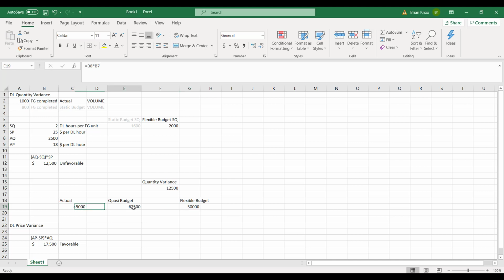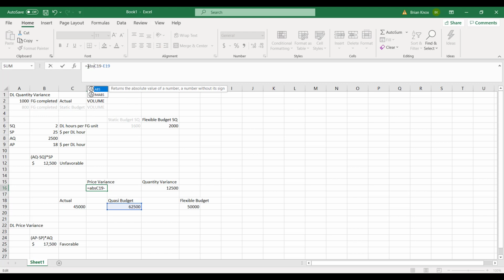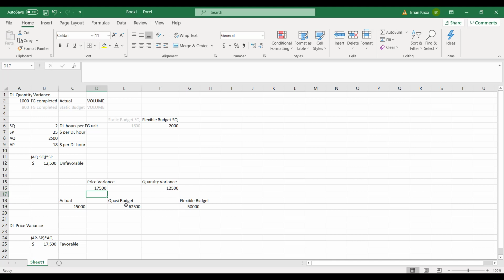We just didn't know that in there was this inefficiency. So here's our price variance, and it's this minus this. So now we have the two peaks that we usually look for, little pyramids here.